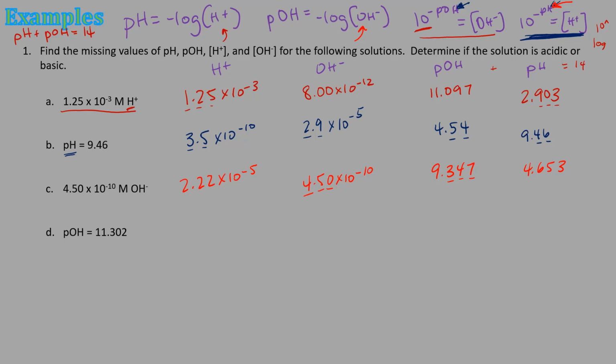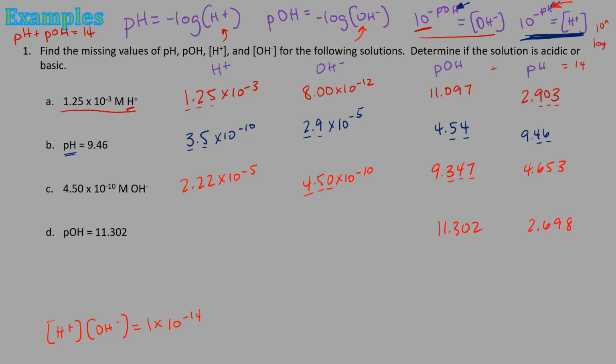All right, now I want to let you know that if you don't use the rounded numbers and you are using this equation to go between hydrogen and hydroxide, there's going to be a little bit of rounding difference, and that's okay. All right, so the pOH here is 11.302, and so my pH is going to be 2.698 because they have to add together to give 14.